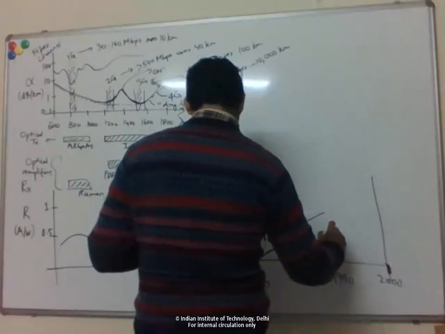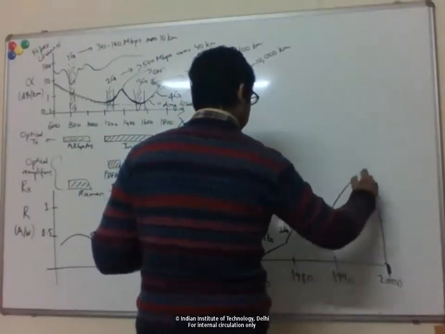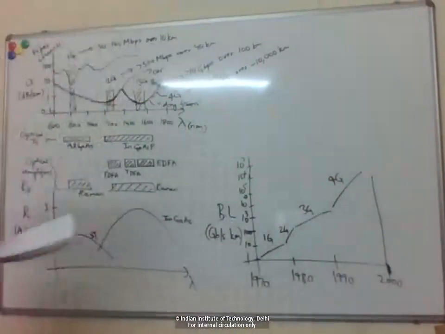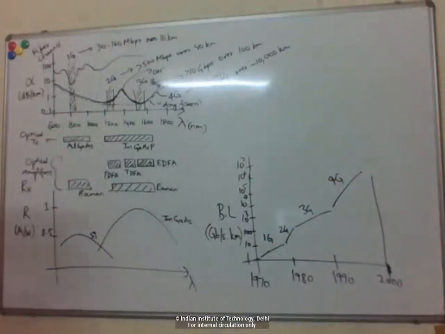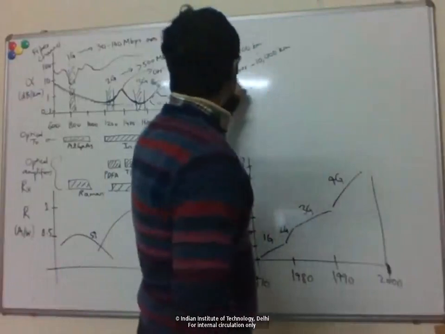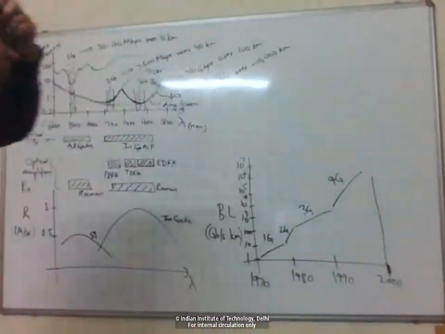Third generation, and then okay. So sort of by 2000 we are able to reach from these kind of numbers.